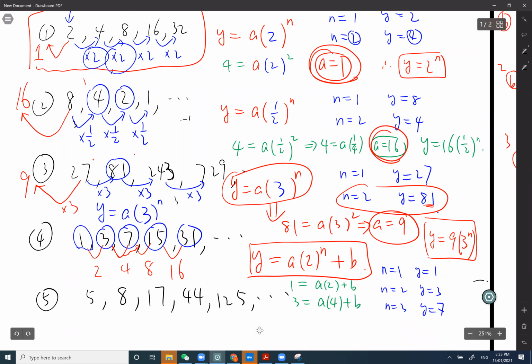Try to find A and B. Guys, hurry up, try to find A and B. How we solve simultaneous equation, typical year 10.